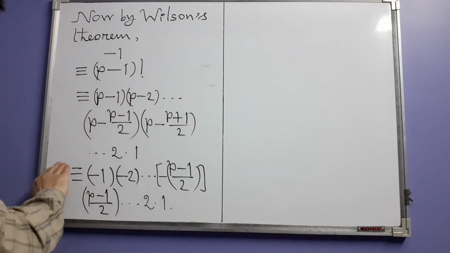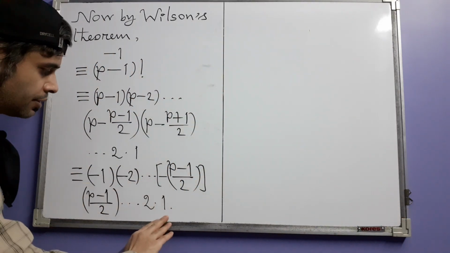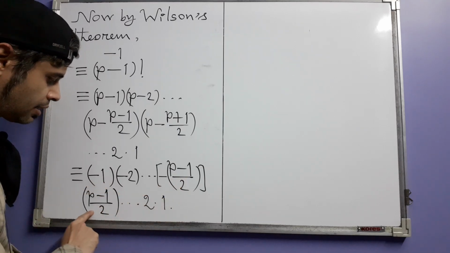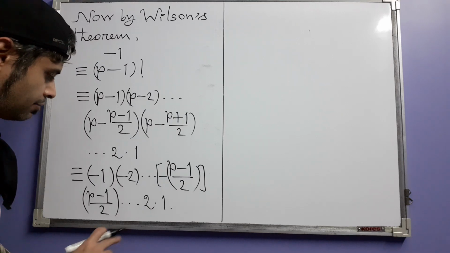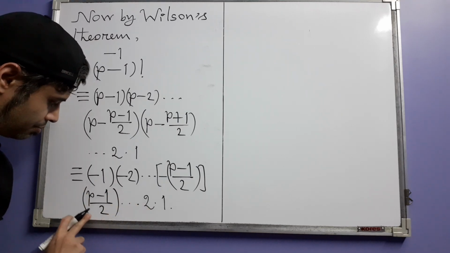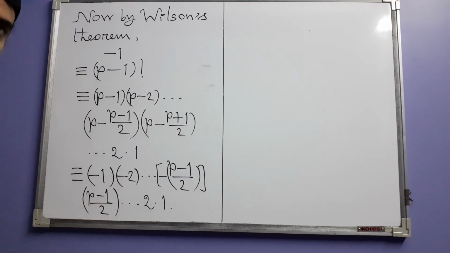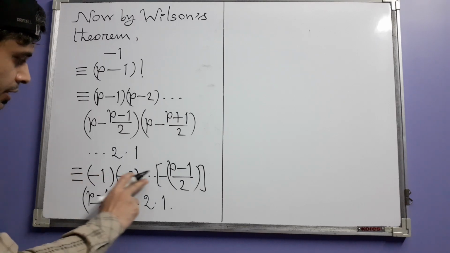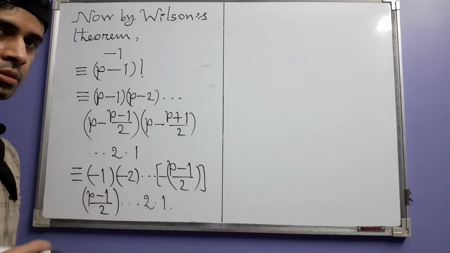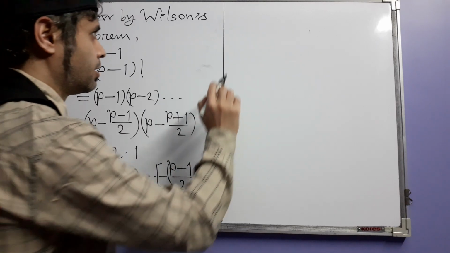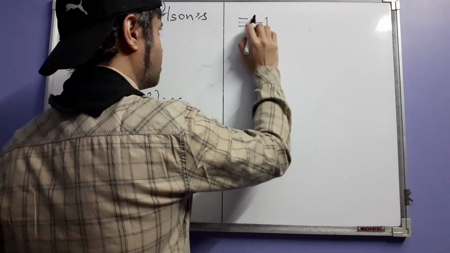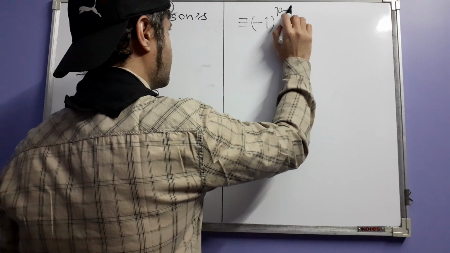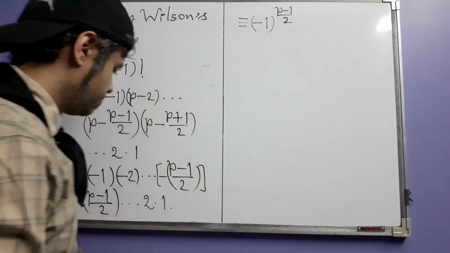And in this total product, there are as many negatives as there are positives. But how many negatives do we have? This many, p minus 1 divided by 2. So if I now take the negatives together, the minus 1's together, I will get minus 1 to the power p minus 1 divided by 2.